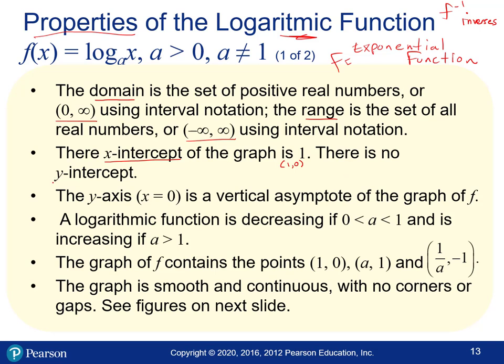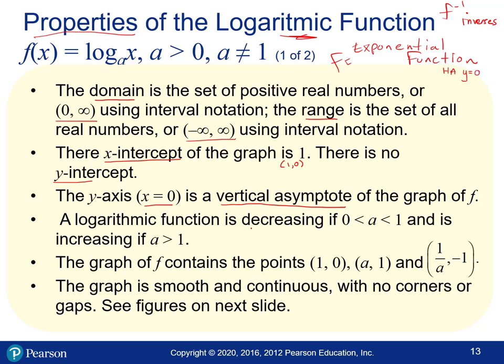And the properties for logs say that there's no y-intercept. Then we have a vertical asymptote on the graph of a log function at x equals 0, the line x equals 0, which is just the y-axis. On the exponential functions, we had a horizontal asymptote, which was y equals 0, or the x-axis.